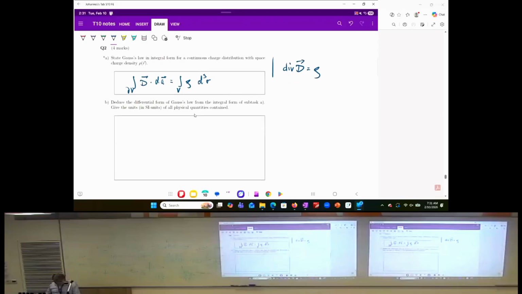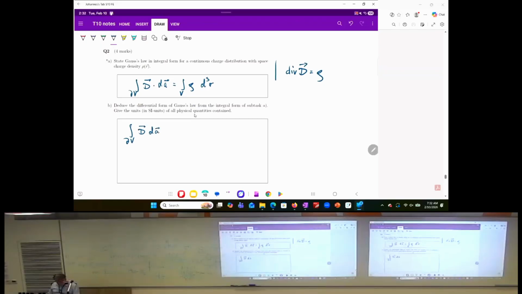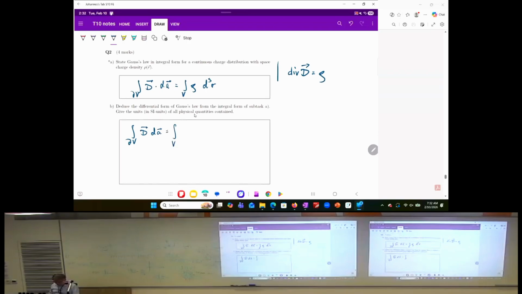Anyway, the next question asks to deduce a differential form. If you want to deduce a differential form, then you would take the volume integral over the divergence.